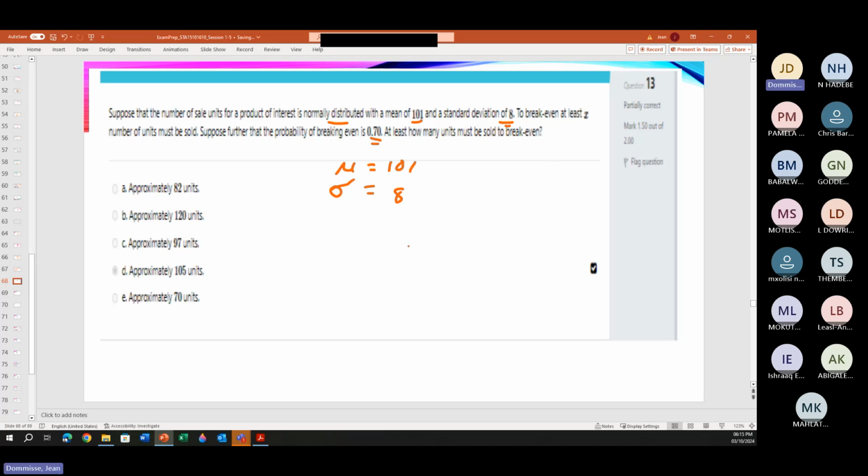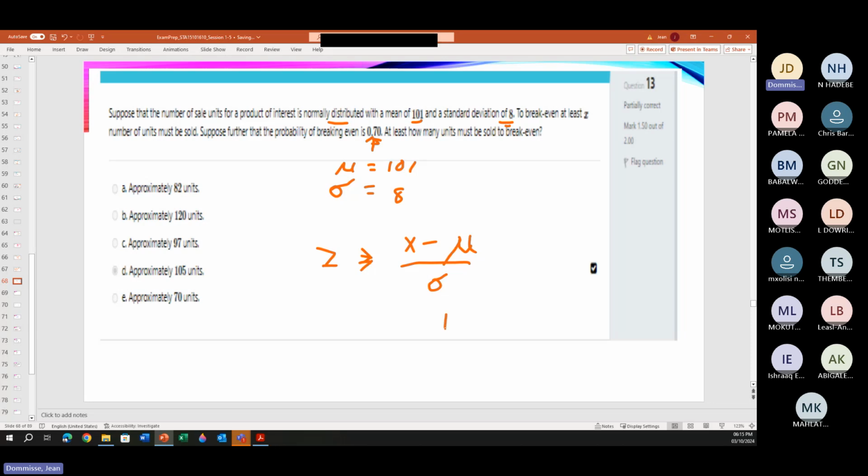Okay, so let's quickly do this. Suppose further that the probability of breaking even is 70%. At least, so that needs to be bigger or equal to.